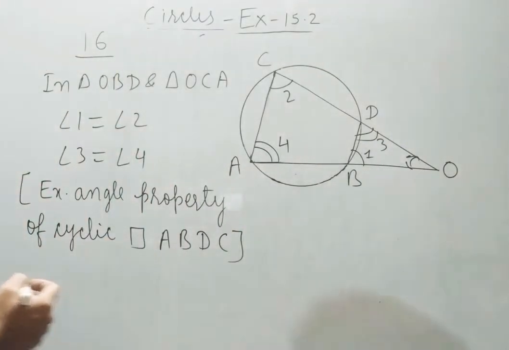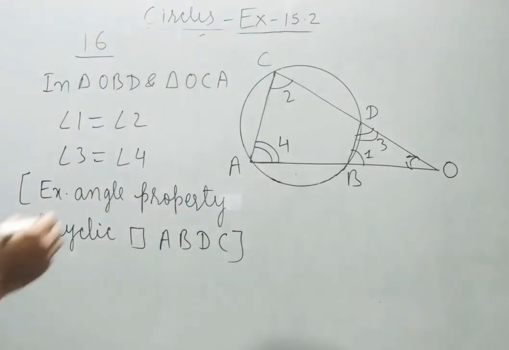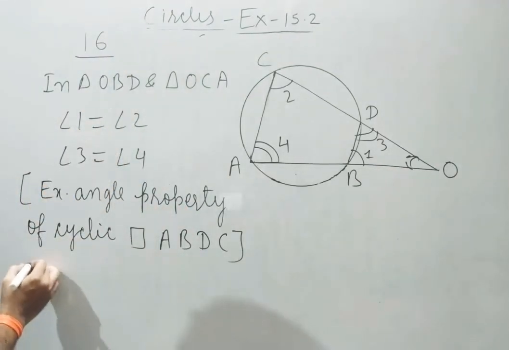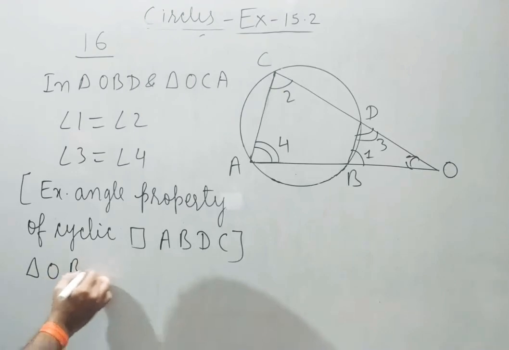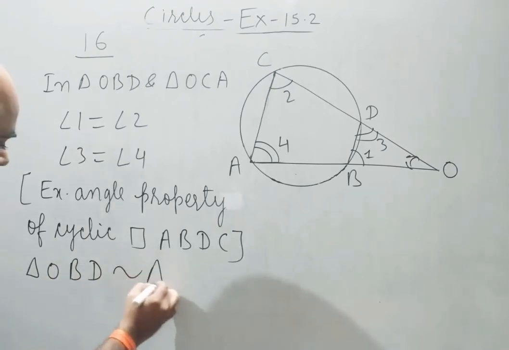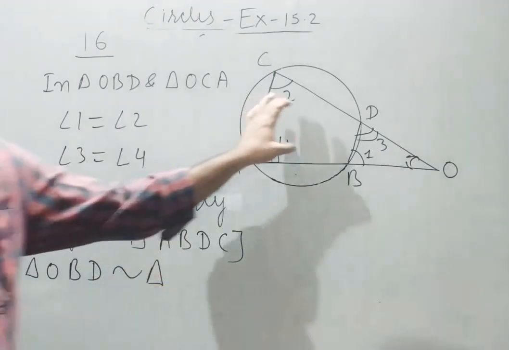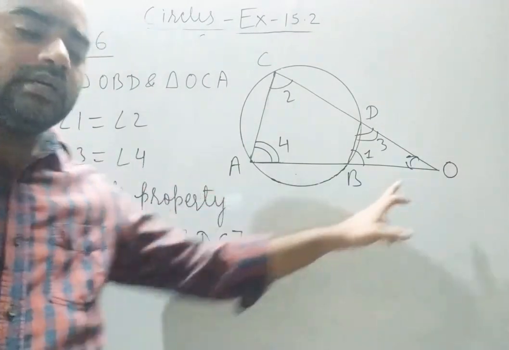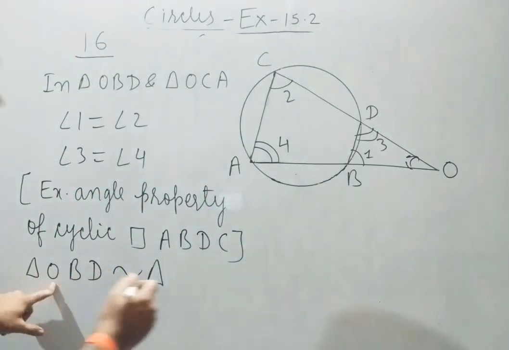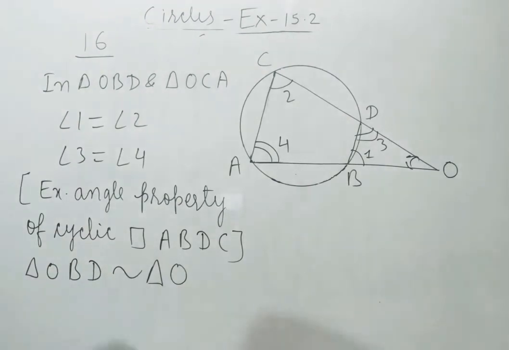So how to write the order? For order, first you will write one triangle. Like I have written triangle OBD is similar to triangle. First of all, in both the triangles, O is common, so at first position O is here. So here also first position O is there.